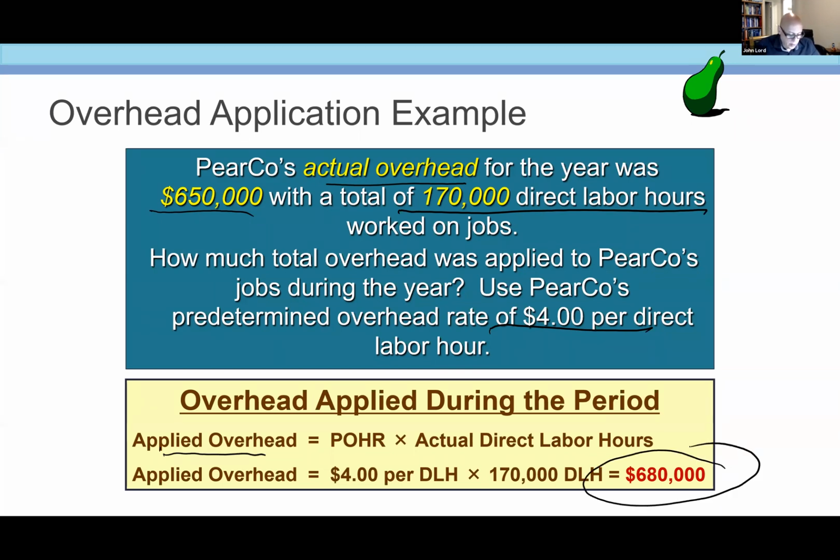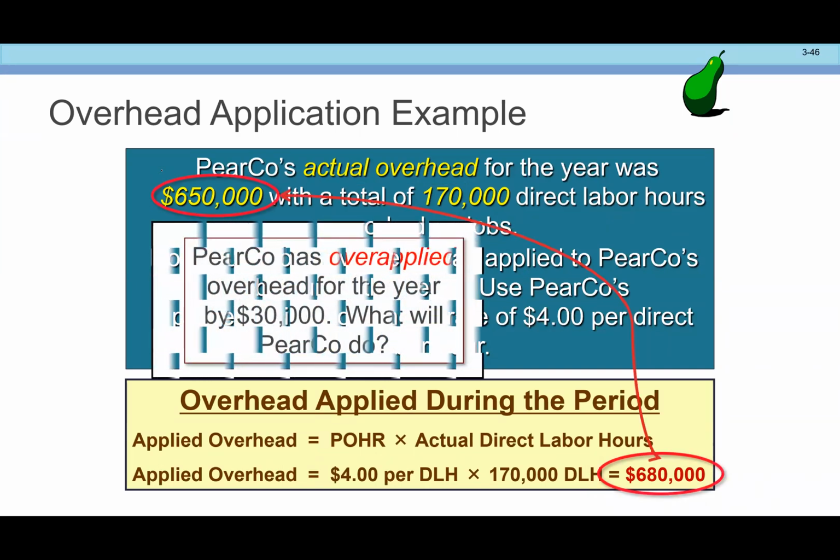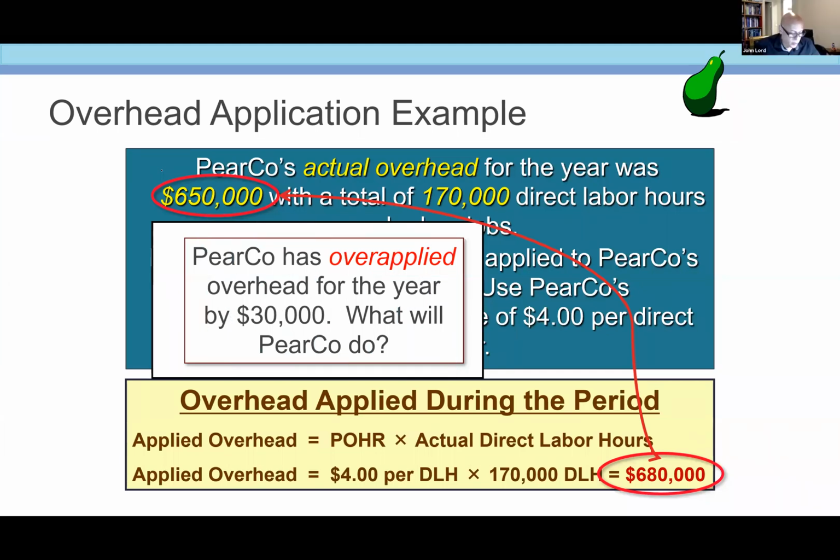So are we under or over applied? Applied 680. Actual 650. We're over applied, aren't we? Okay. Yes. So what are they going to do? Thank you, book. We're over applied. Okay, like we needed all that fancy stuff. We're over applied by 30,000.